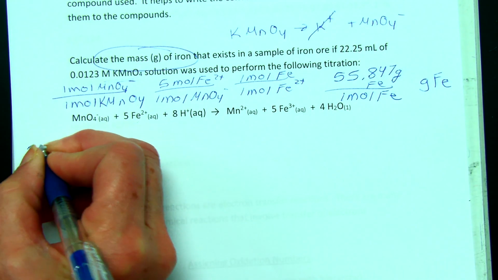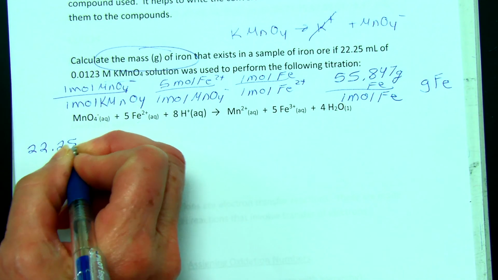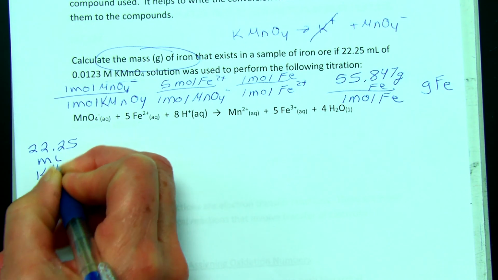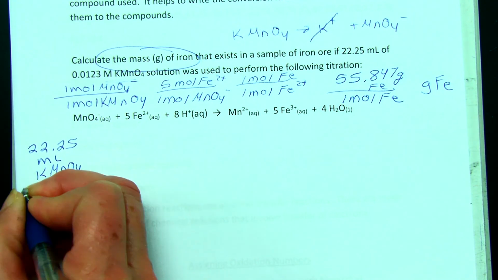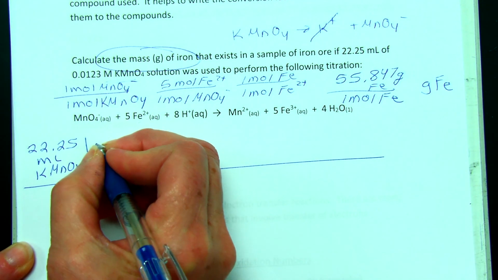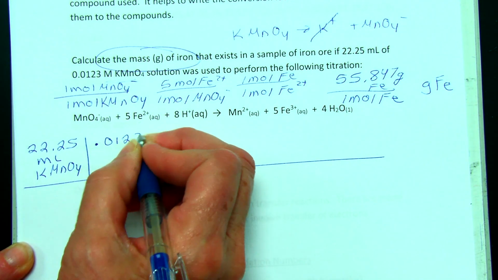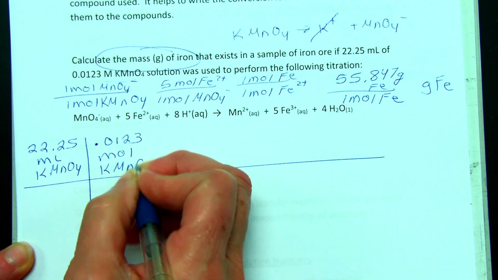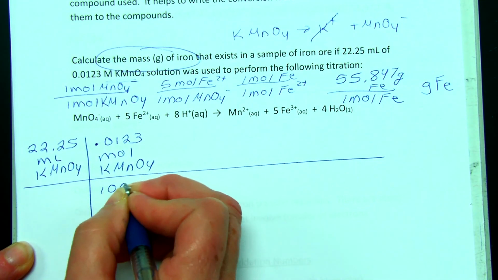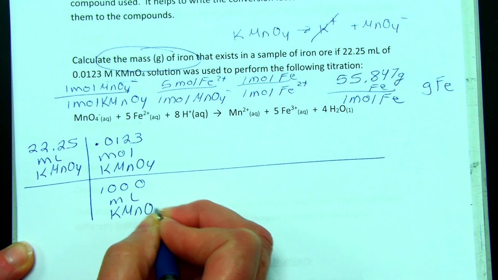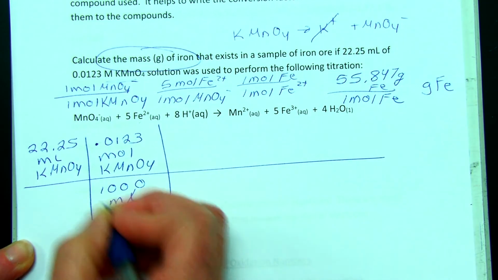I'm given 22.25 milliliters of potassium permanganate. So milliliters to moles. We know that 0.0123 moles of KMnO4 makes 1,000 mL of potassium permanganate. So I got rid of my mL.